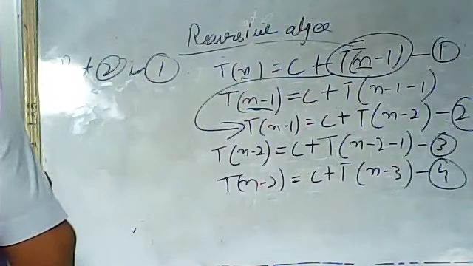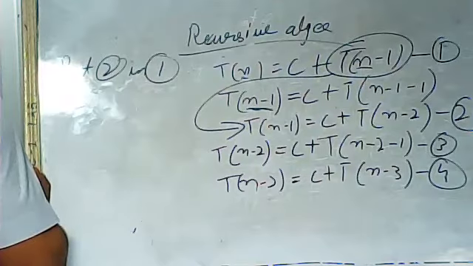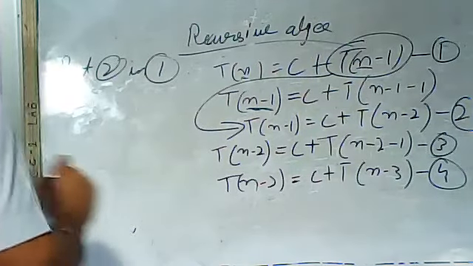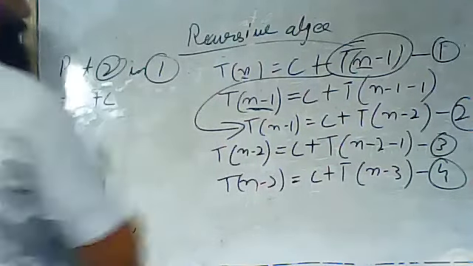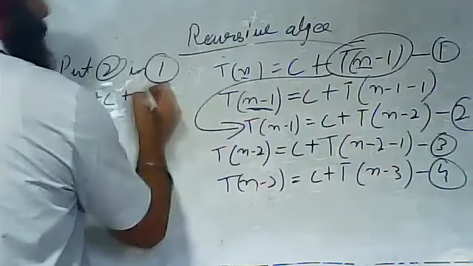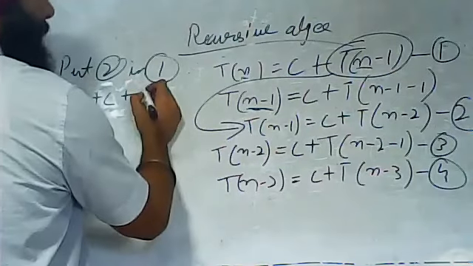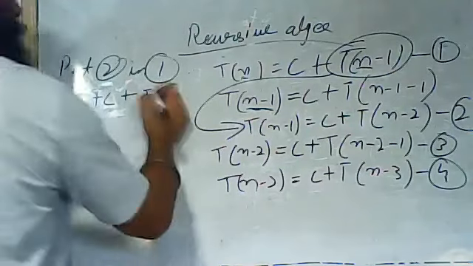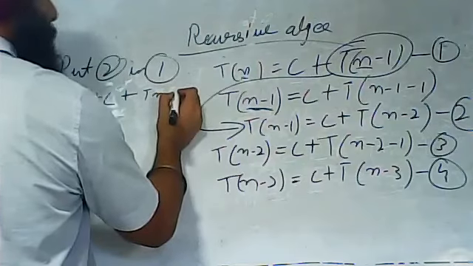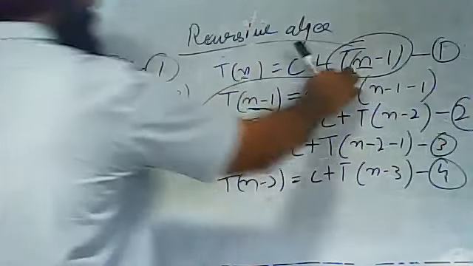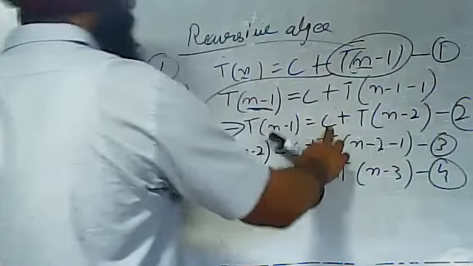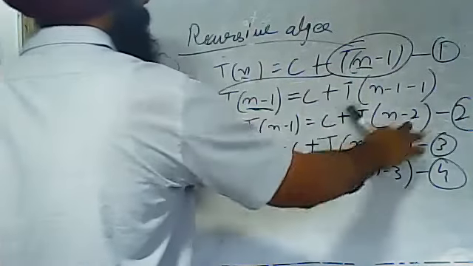It will be like this: C plus C, and this will be T of n minus 2. Instead of T of n minus 1, I have written C plus T of n minus 2.